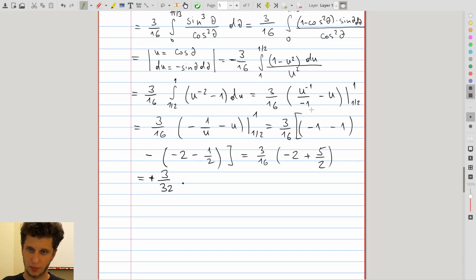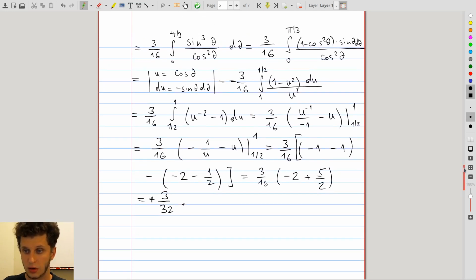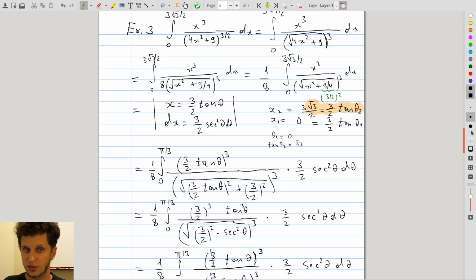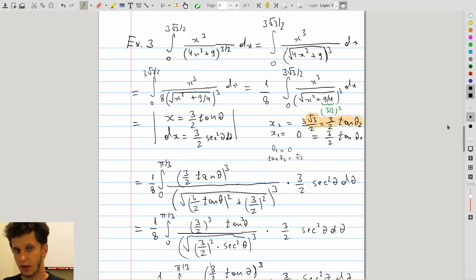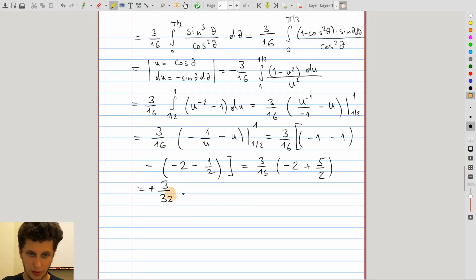That's because I have minus 2 here, and then I'm adding 2 and 1/2 in the second term. And so this is 3/16 times 1/2. Right, so again, fortunately for us, this is just a number. It doesn't need to be changed to x or anything, so that is the final answer here, 3/32.